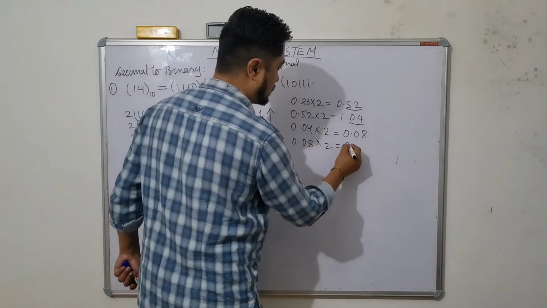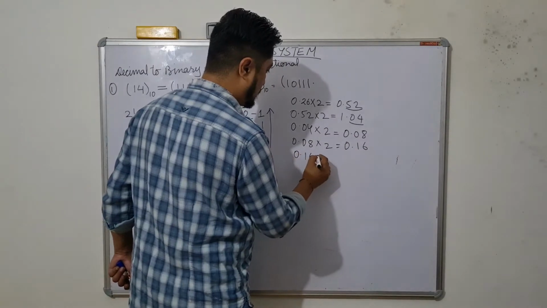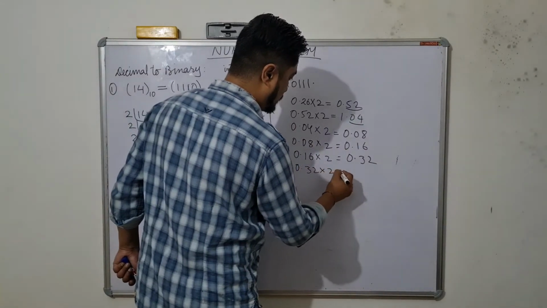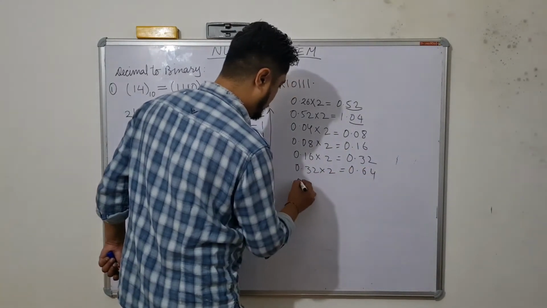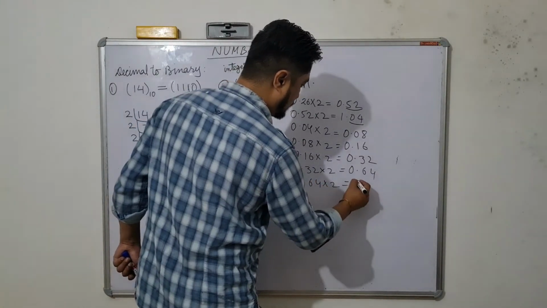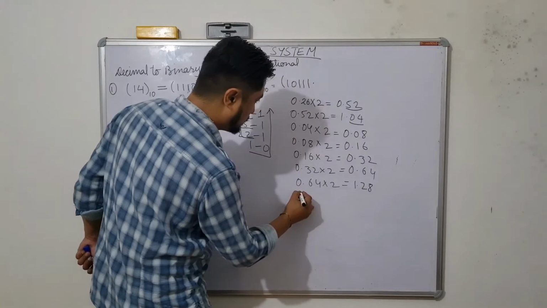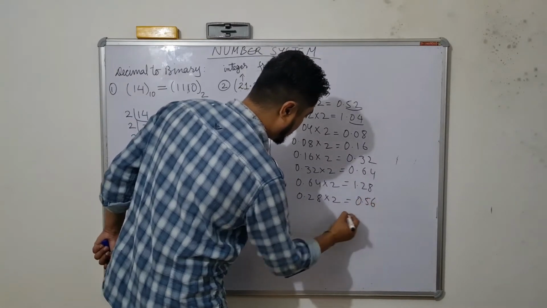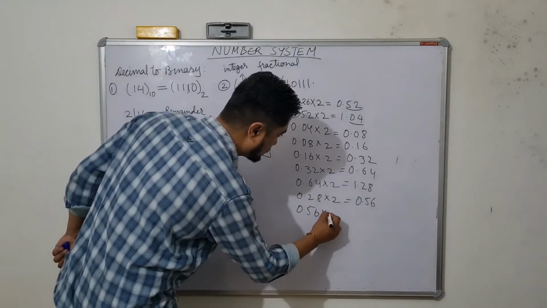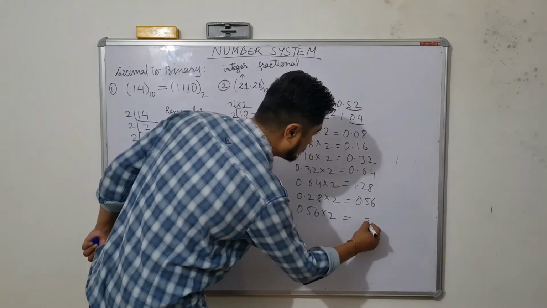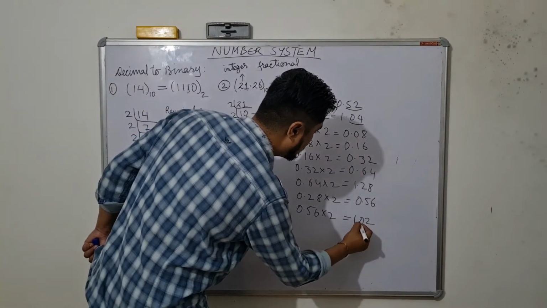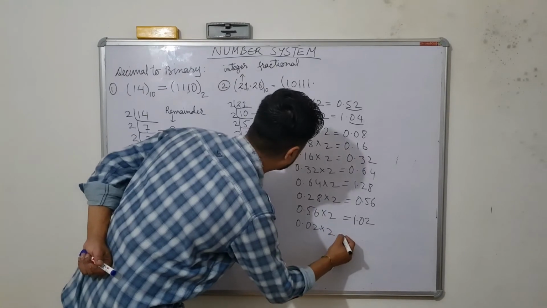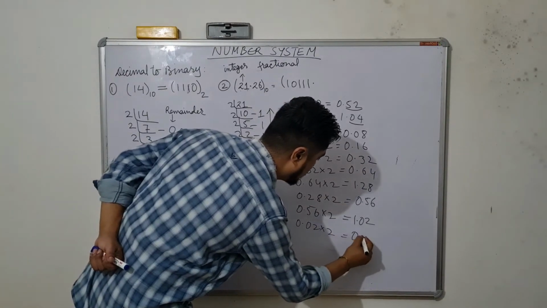into 2, 0.16 into 2, 0.32 into 2, 0.64 into 2, 1.28, 0.28 into 2, 0.56 into 2, so it will be 1.12, 0.12 into 2, it will be 0.24.